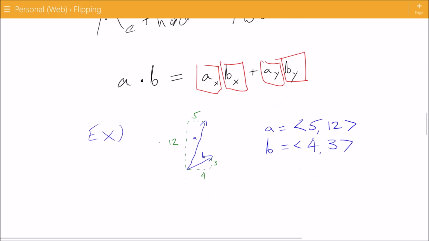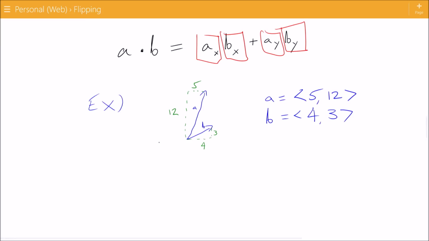So let's look at another example. I've got vector A, and you can see right here that it's got a horizontal component of 5, a vertical component of 12, and vector B has a horizontal component of 4 and a vertical component of 3.